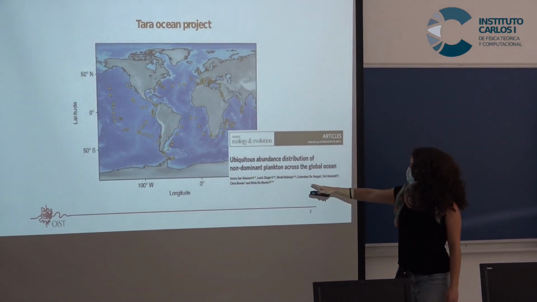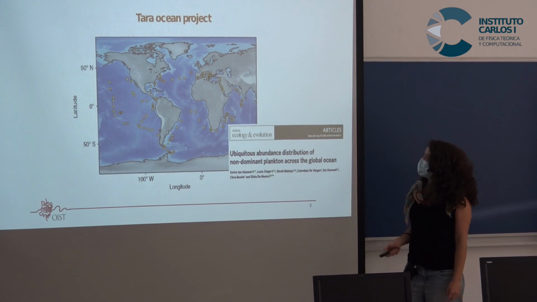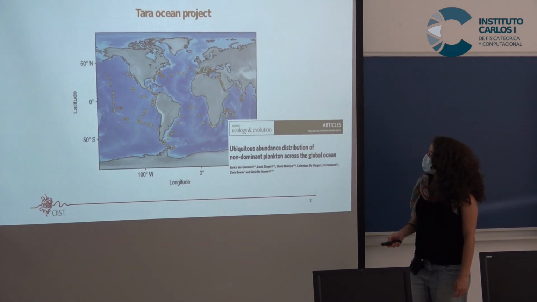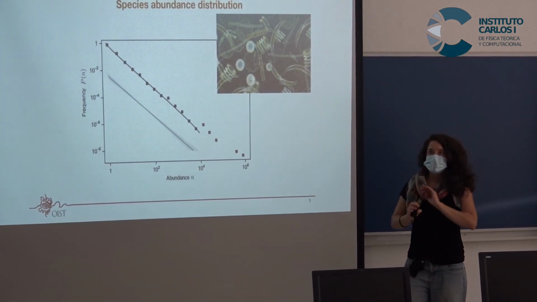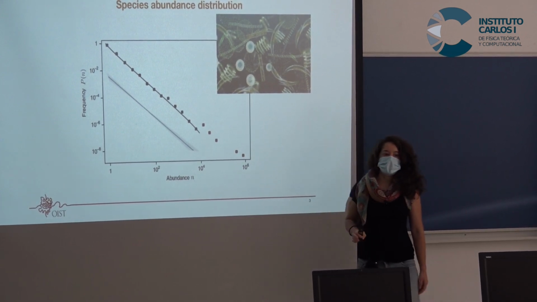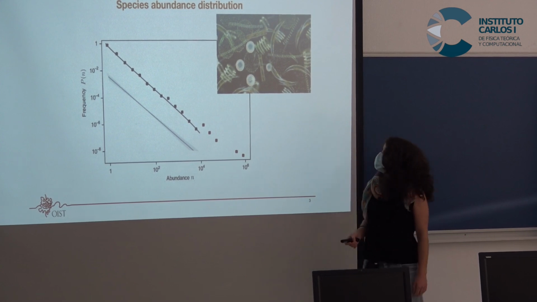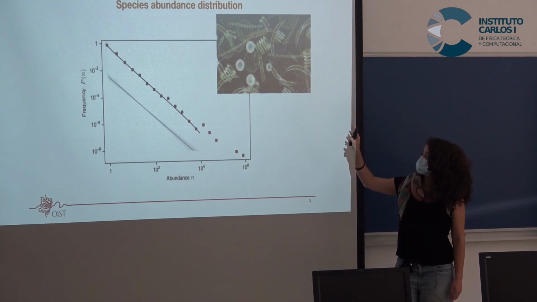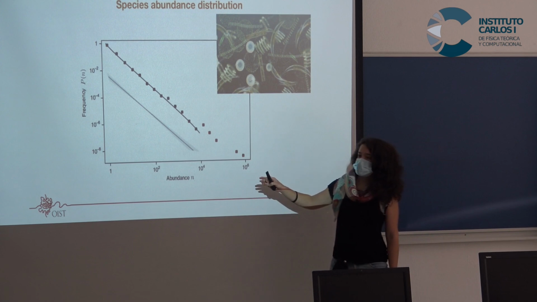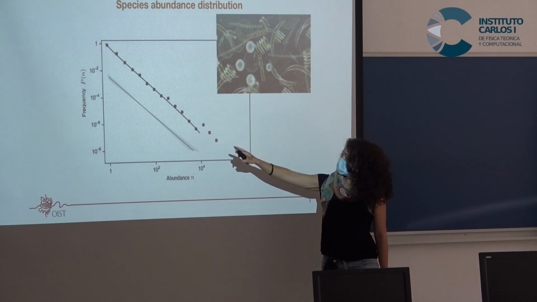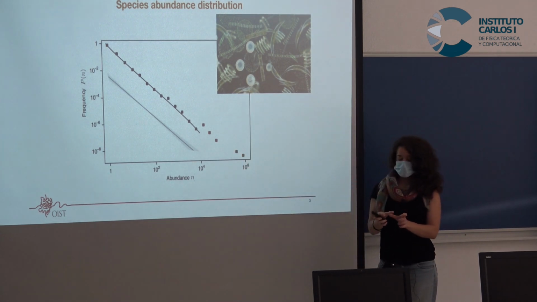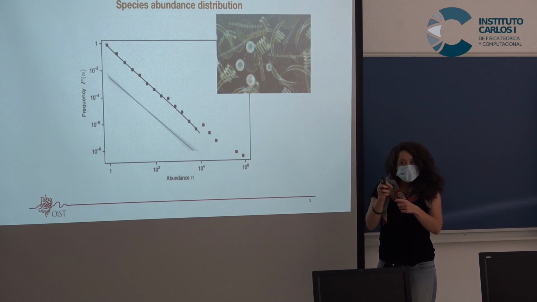So what they do in this paper particularly is to measure one of the main measures to characterize diversity of ecological communities. That is the species abundance distribution. So basically what you do is to measure the frequency of the abundance of a species, so basically the number of individuals that each species has.